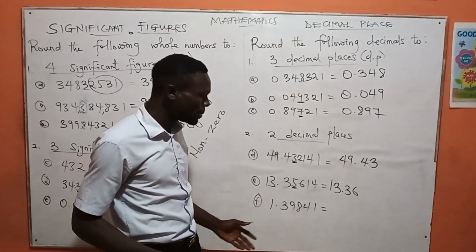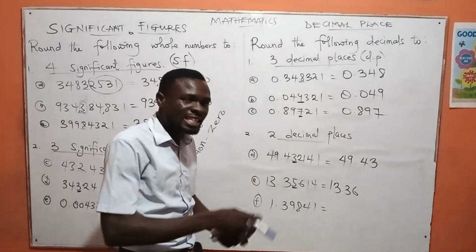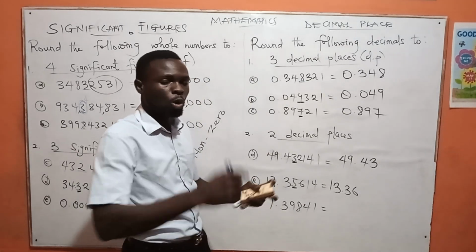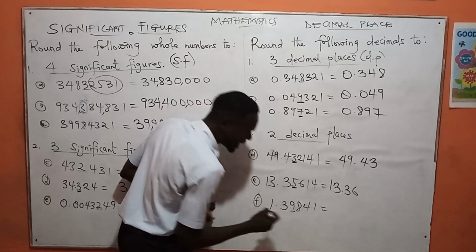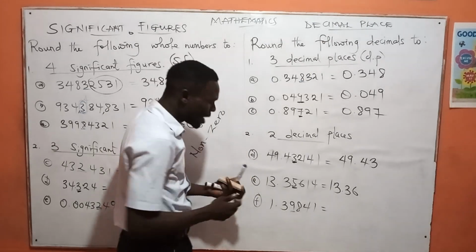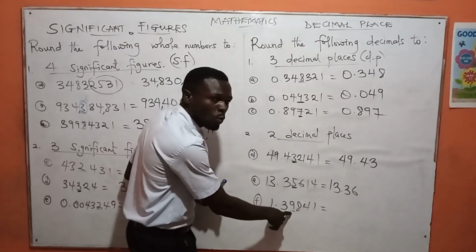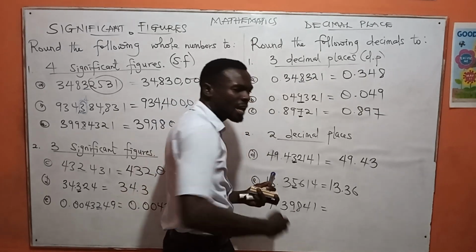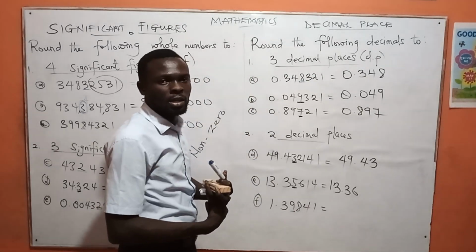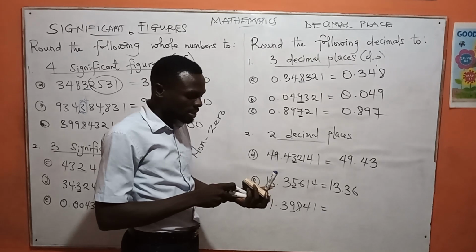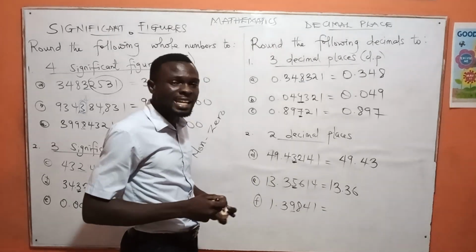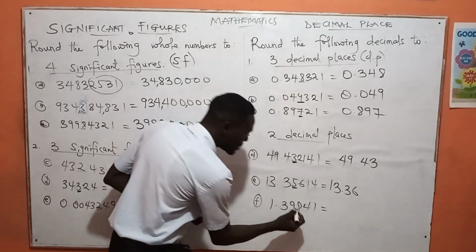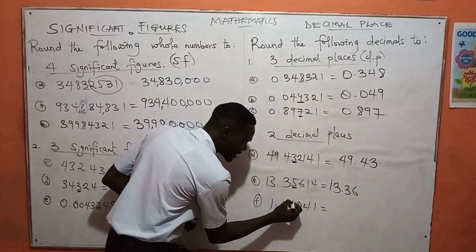So I have 1, 2. This is the identifying number. What number is after the 9? The number on the right happens to be more than 5. So since it is more than 5, I'm going to add 1 to this number.